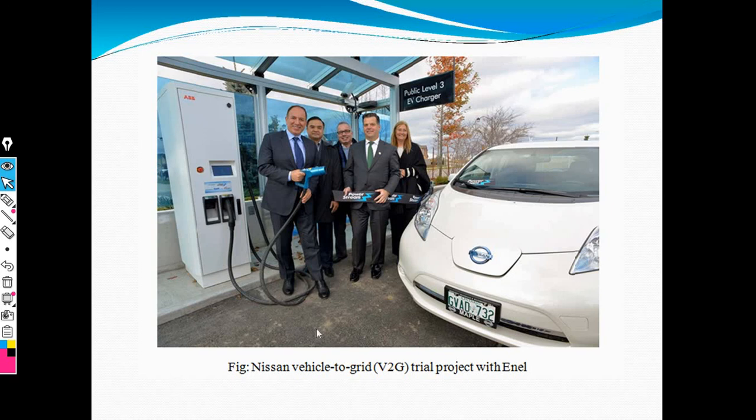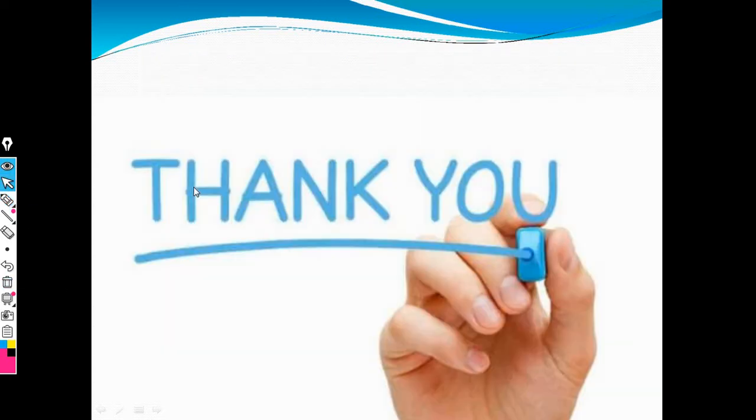That means the vehicle is connected to the grid system, and this grid is also connected to the solar panel. Now this is the exact concept of the vehicle to grid system. Okay, now we can stop here.